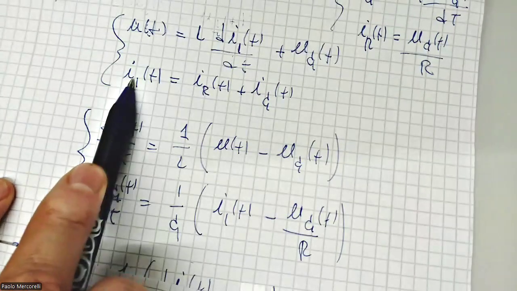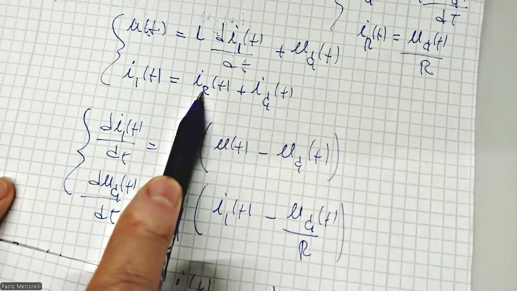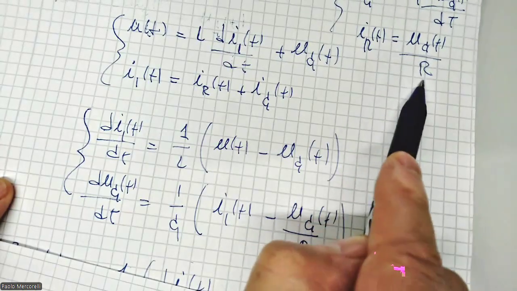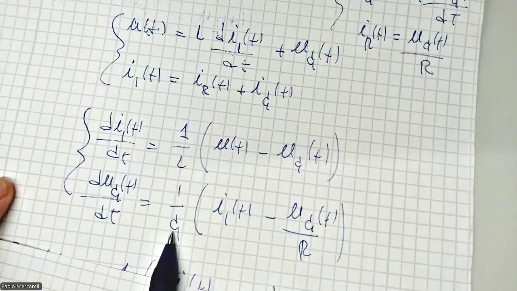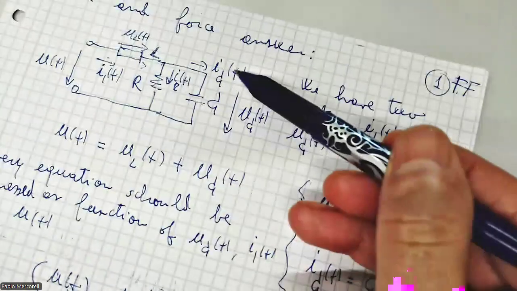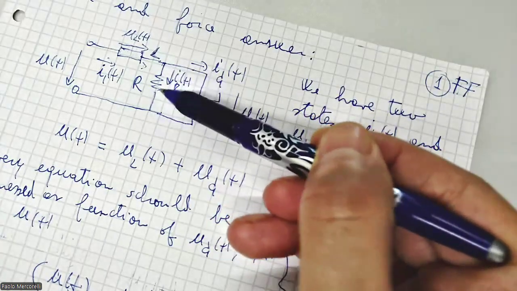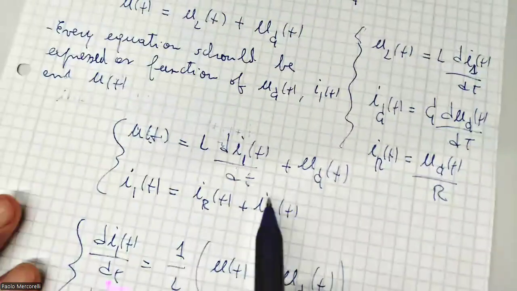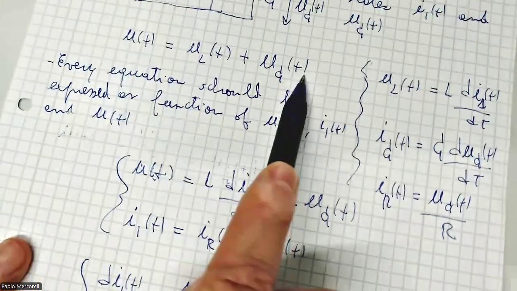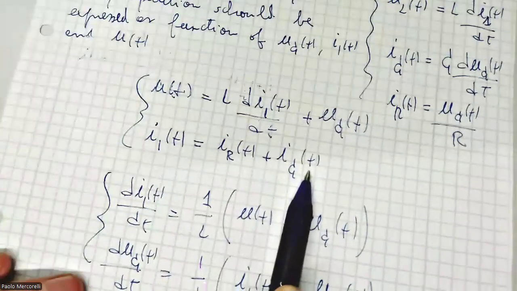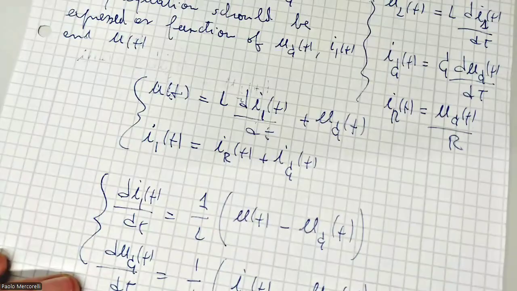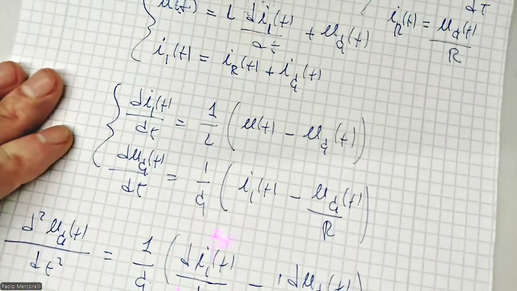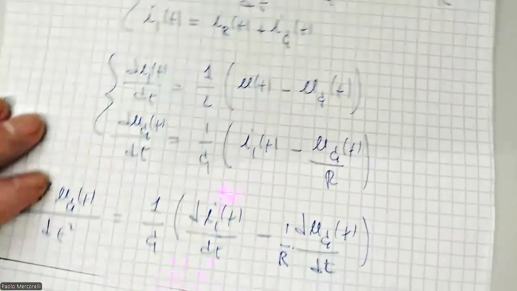I1, which remains I1 because it's the state, minus IR, which is in terms of state UC divided by R. Everything divided by C. UC divided by R is the current IR. But very important, as in electrotechnique, everything came from this equation and this equation here, which both represent the Kirchhoff laws.